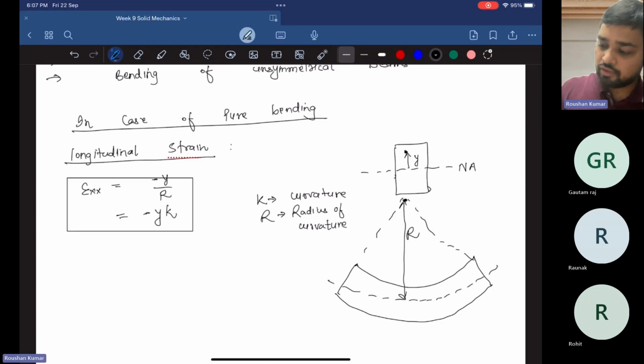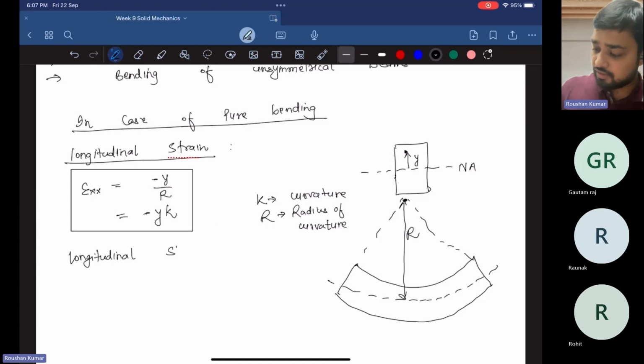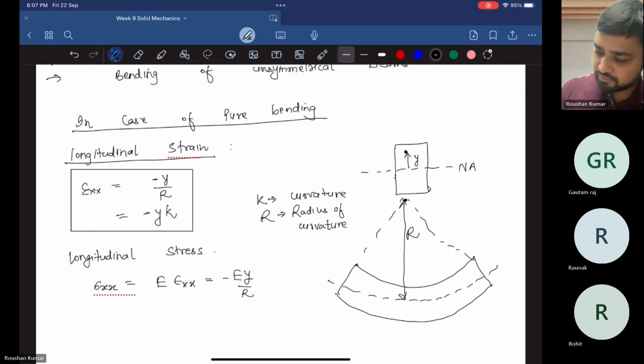The longitudinal stress is given by sigma xx, which is E times epsilon xx, which is minus E times y upon r. So this is the formula for longitudinal stress.